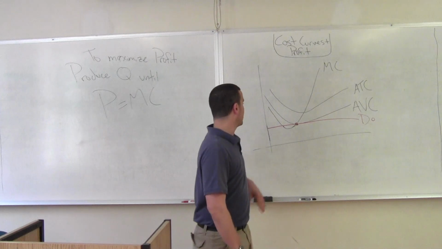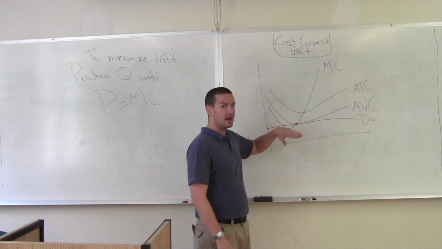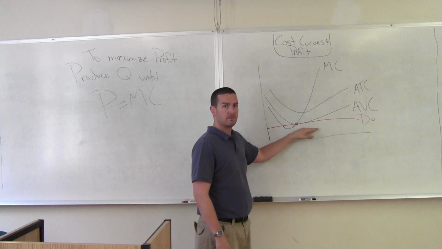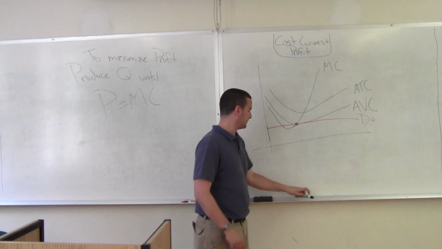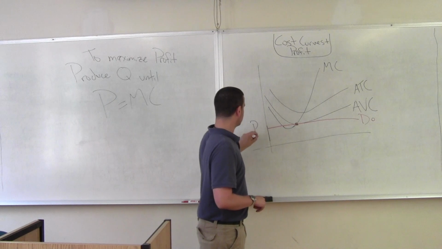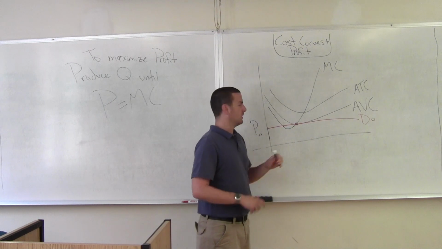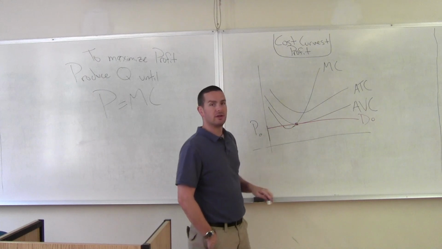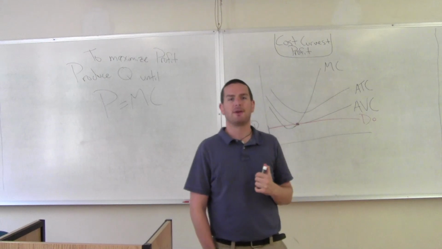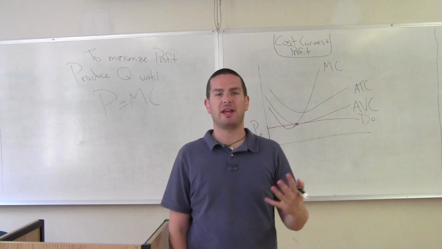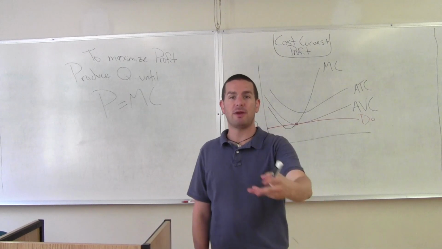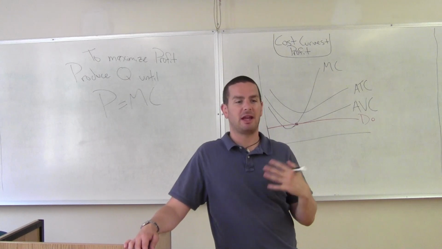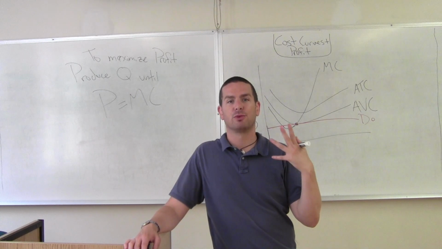So if the demand curve was to go lower, that price would be lower than the average variable cost, which means you wouldn't even be able to pay the cost of your labor. Forget about making a profit yourself. You would not even be able to cover the cost of your workers.